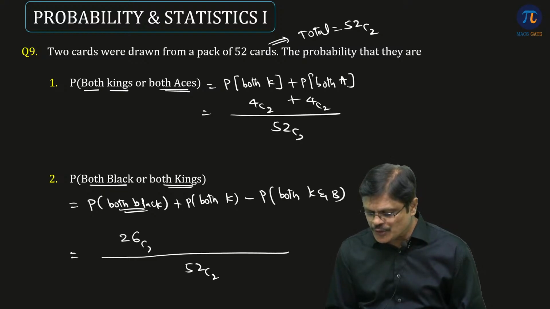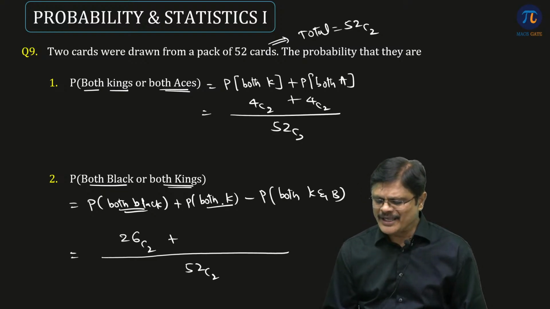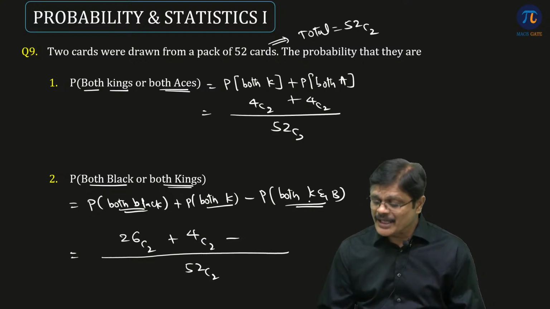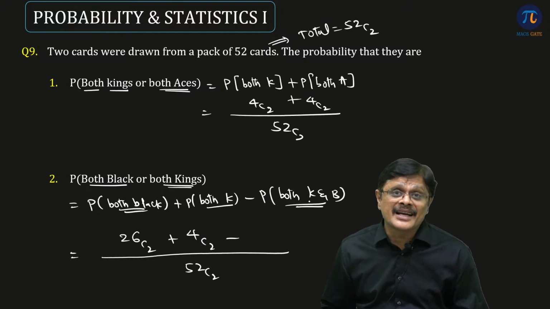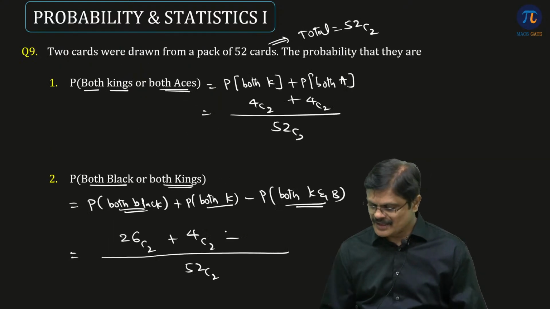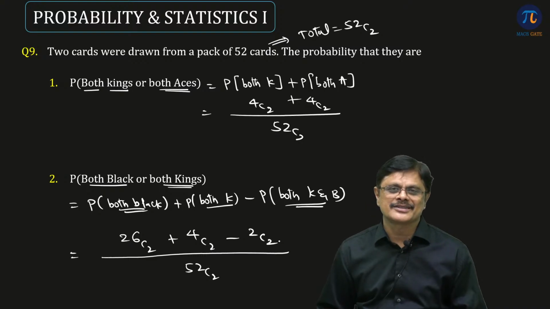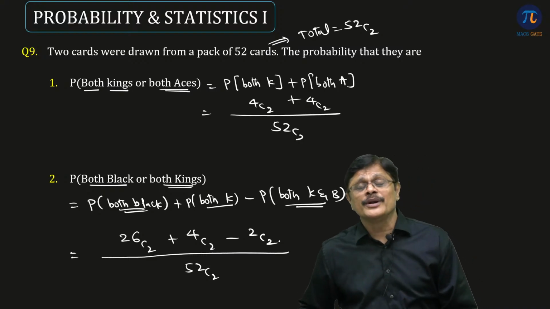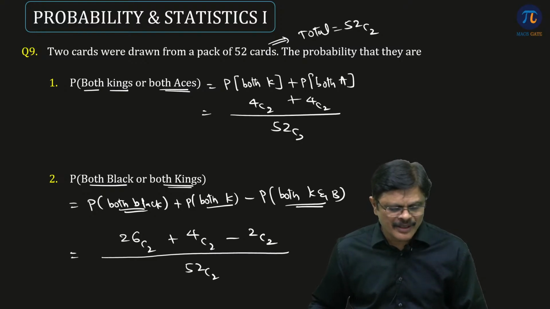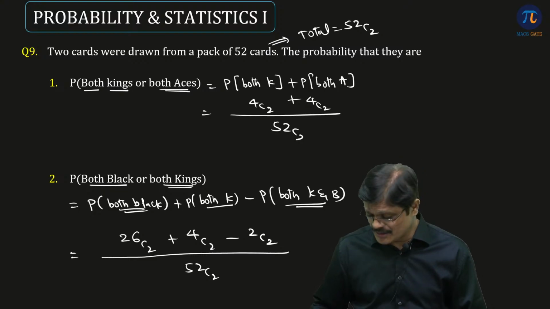From that you need to select 2 black cards. How many kings are there? 4. From that how many you need to select? 2. Now tell me, king and black, how many cards are there? King and black we are having 2 cards. So from 2 you need to select 2 cards. So that is the probability of selecting both black or both kings.